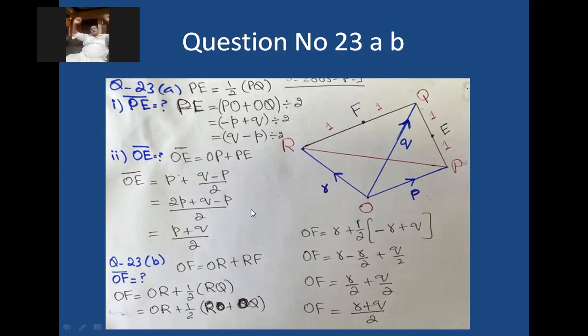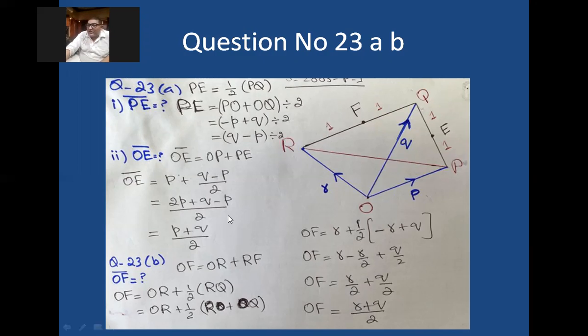Hopefully you have understood. I think I have written it in a little complicated way, and you might get confused. But here you see that first of all you will need R to Q. R to Q will be from R to O, O to Q, so that will be q minus r.